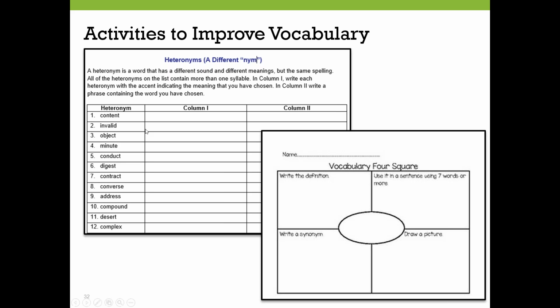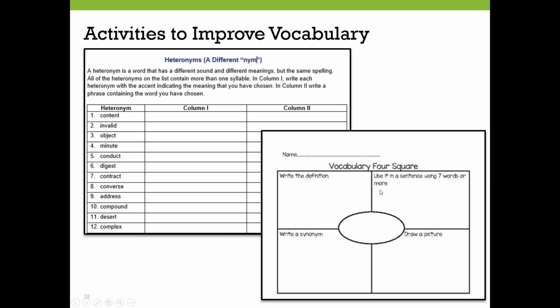So we may have content that we're reviewing, or we might just be content. Those are all things that we can do to help build out our students' understanding of vocabulary.